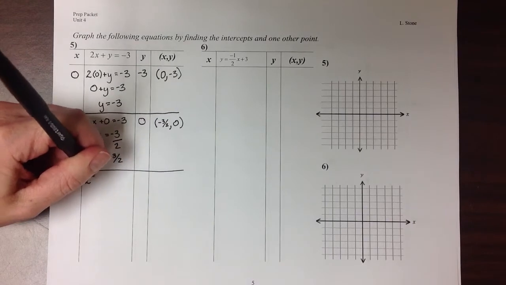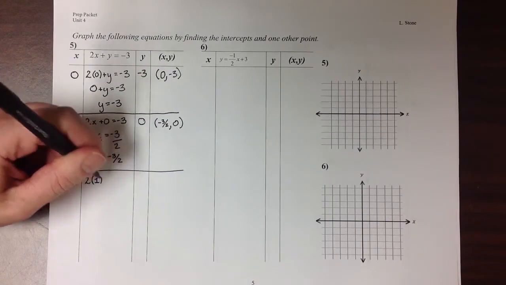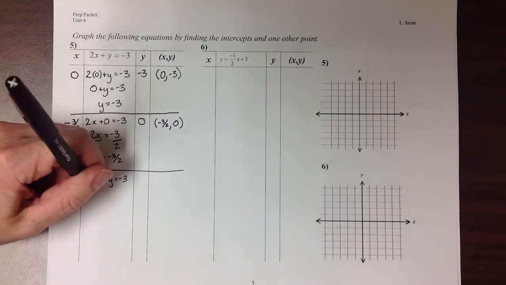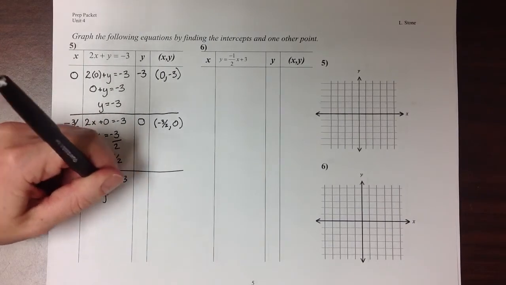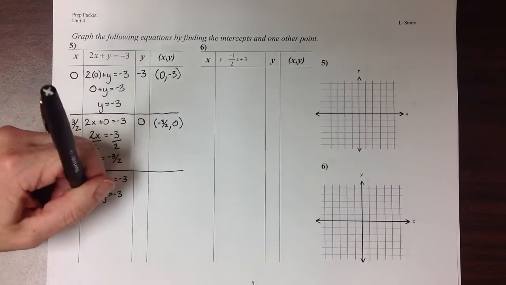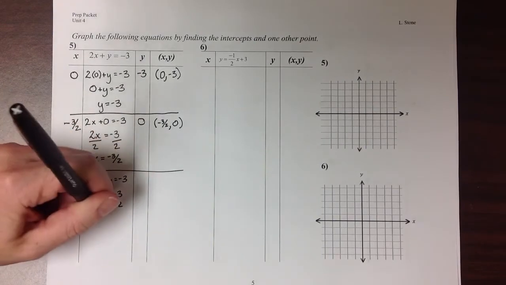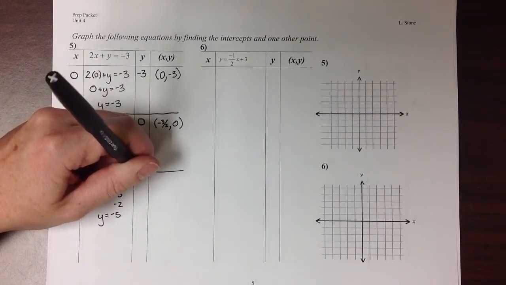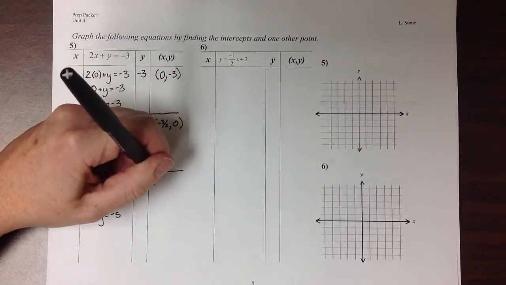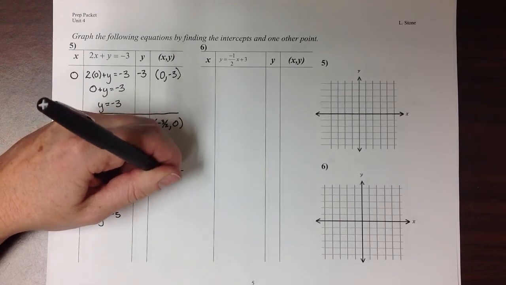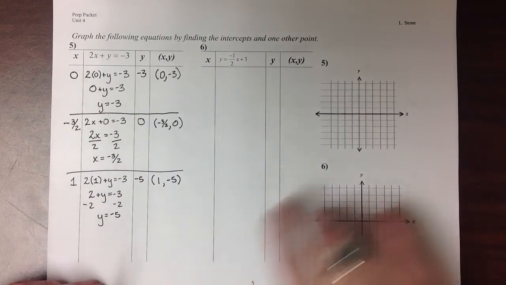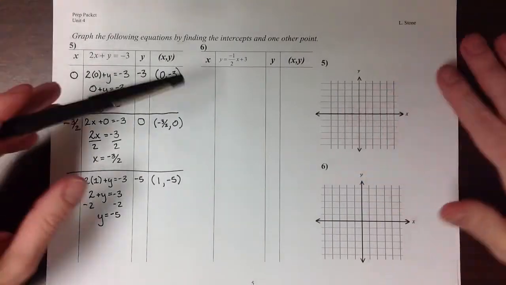So now I'm solving 2 times 1 plus y equals a negative 3, or 2 plus y is negative 3. Subtracting 2 from both sides, I find that y equals a negative 5, giving me the point 1, negative 5. So when I plot these on my graph, your paper is oriented a little differently.